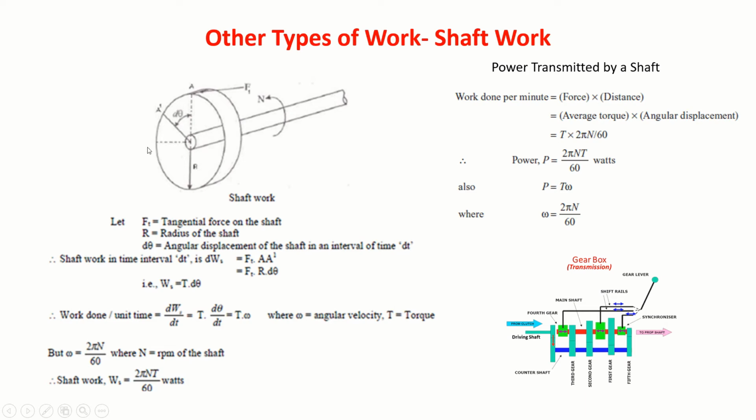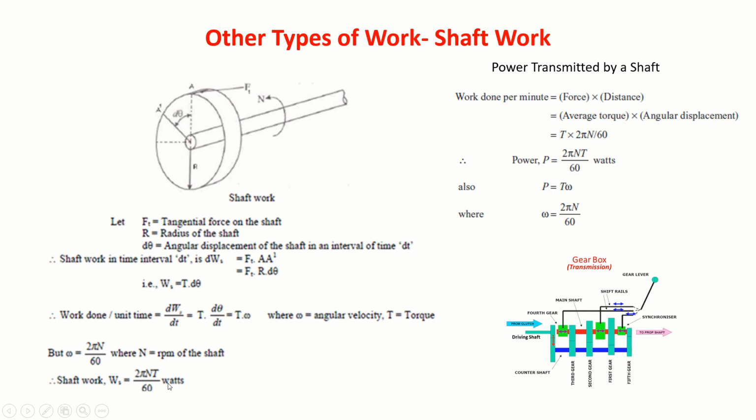If it is making n revolutions per minute, it will cover a total angular displacement of 2 pi n. If I divide by 60, n by 60 becomes the number of revolutions per second. So now let me substitute for omega over here. Then the shaft work or the power transmitted will become 2 pi nT by 60 watts.